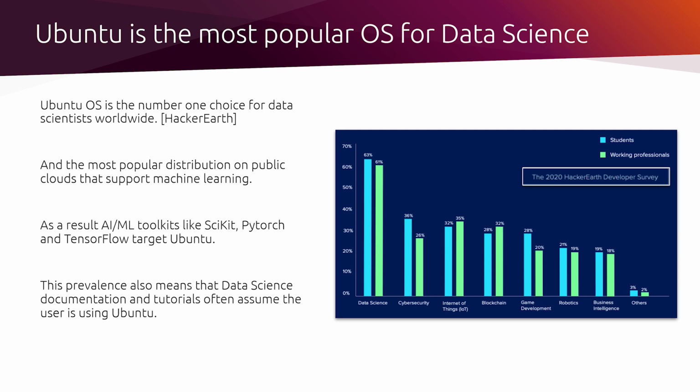And it's also one of the most popular distributions on public clouds, particularly for machine learning. And so because of that, you're often seeing all these key AI/ML toolkits like Scikit, PyTorch, TensorFlow targeting Ubuntu first. And so especially in an academic situation, when you want the latest and greatest, then Ubuntu is really important for you to be able to experiment at the cutting edge.